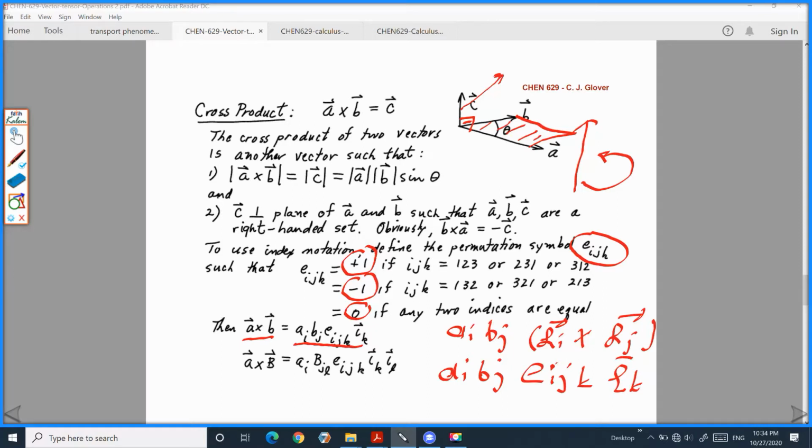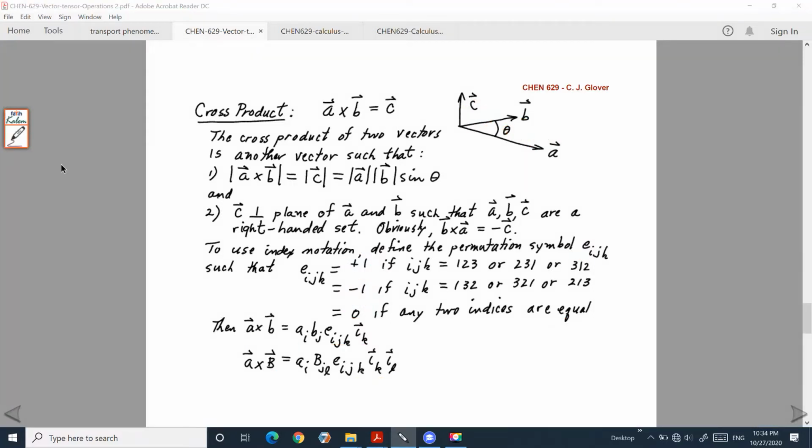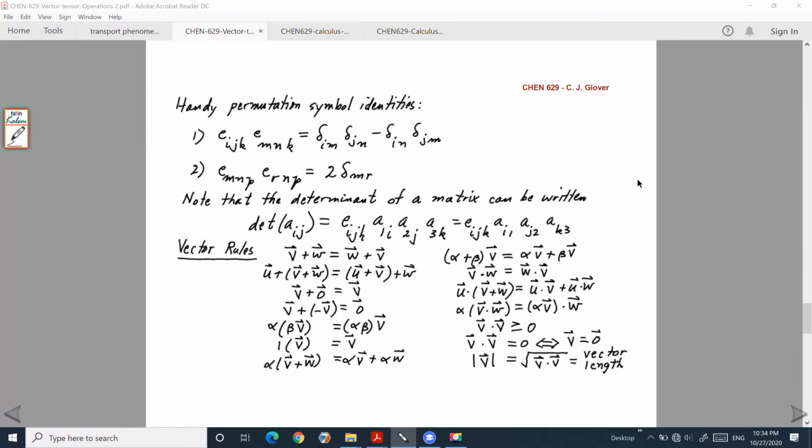Okay. For the cross product between a vector and a tensor, we just do the same things and we obtain that result. Okay. Now come the other rules.